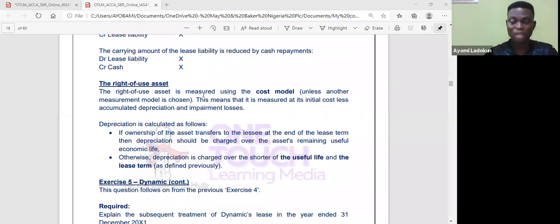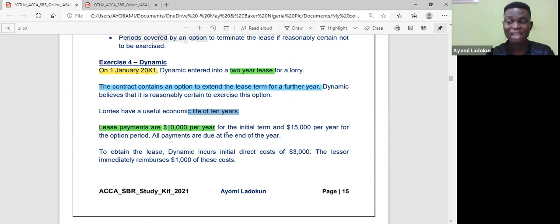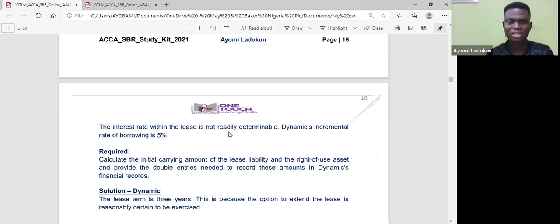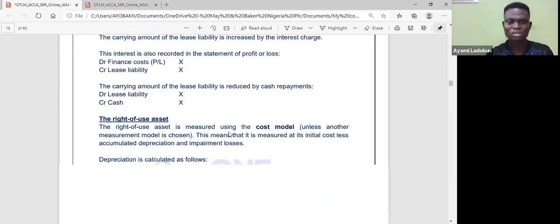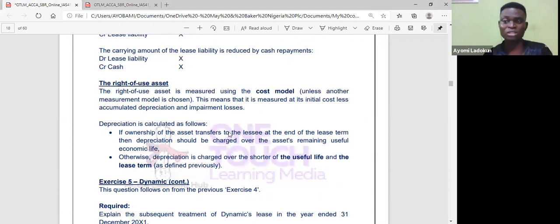Normally you use the useful life, okay? Or I use the lease term. In this question, the lease term is 3 years. And of course, somewhere in the question we're told that the economic life is 10 years. So the question is, am I going to depreciate using the useful life of the asset or the lease term?